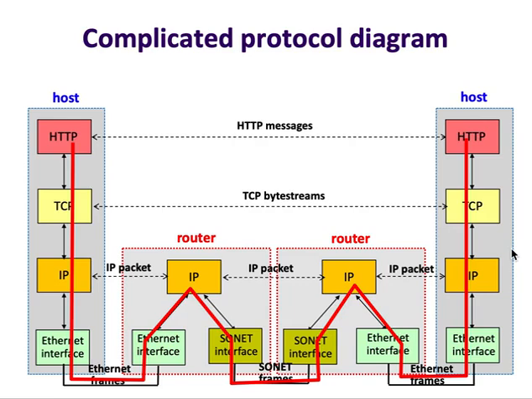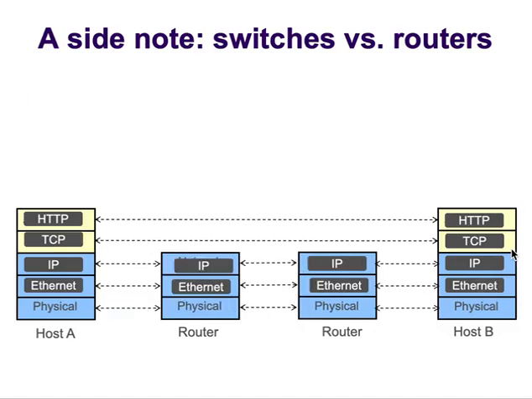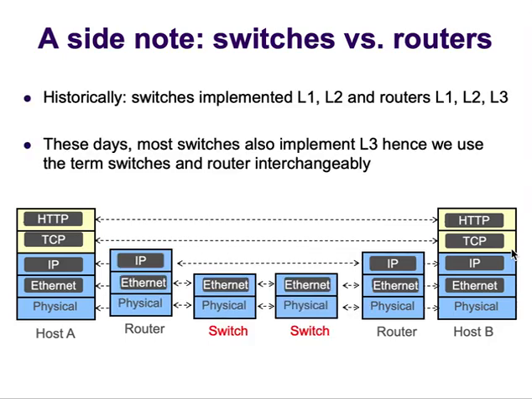So if these were both Ethernet, let me go. I have these slides to explain a historical side note, and then I'll come back to your question, which is, we've said switches and routers are the same. Don't worry about it. Historically, the reason we had those different terms was that you could buy Ethernet switches, and Ethernet is the most common type of switch that we see in most deployments. You could buy an Ethernet switch that actually did not implement the IP layer.